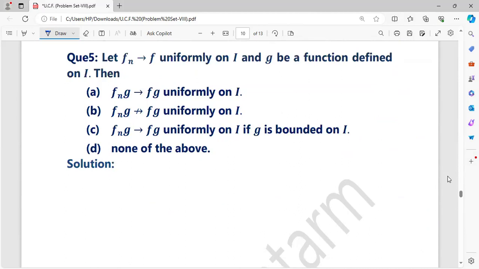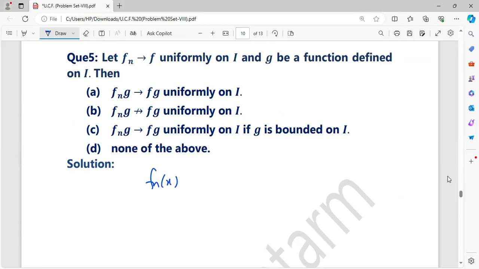So f_n converges to f uniformly on I and g is a function. Suppose I am taking f_n(x). I am telling that the first option is not correct.